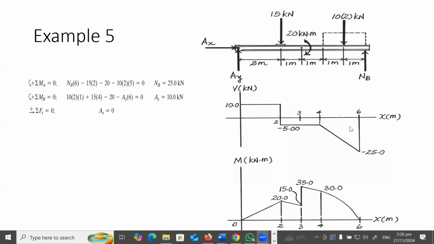This is a trapezium. What would the area underneath the trapezium be? This looks like it is 30 also, because this is 2. The area of the trapezium, so this will be minus 5 and minus 25. These two are going to add and give me 30, times 2, where 2 is the height, times a half.